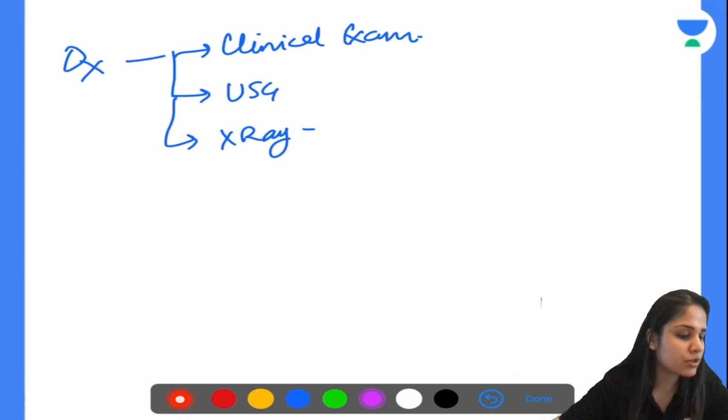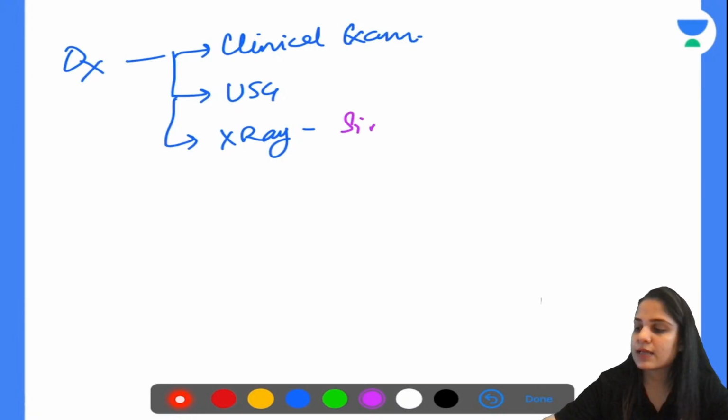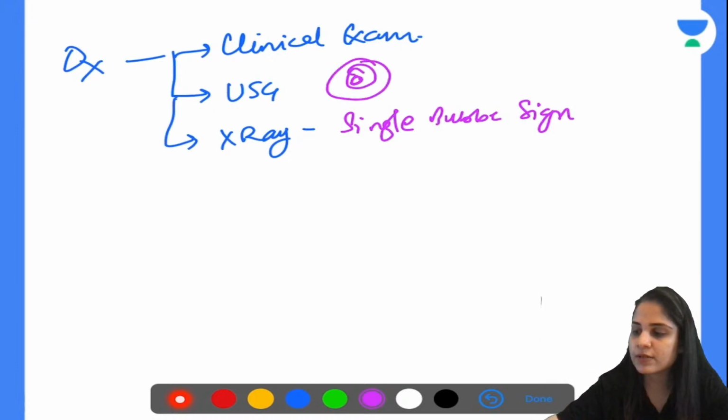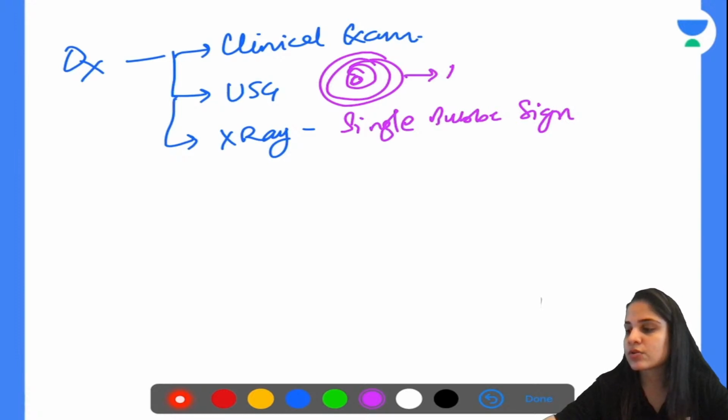Someone has already mentioned over here. You get a single bubble sign. All right. And on USG, what is the sign that you see? You see a target sign of the hypertrophied circular muscle, and this is also called as what? This is also called as donut sign. Okay, not just target sign, but it is also called as donut sign.